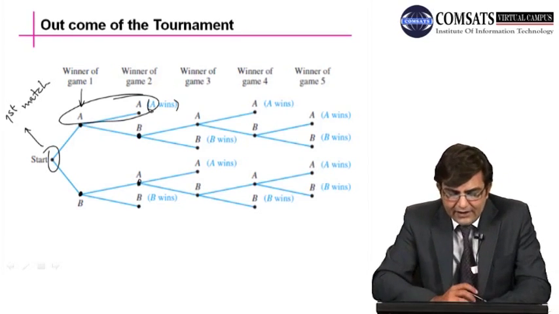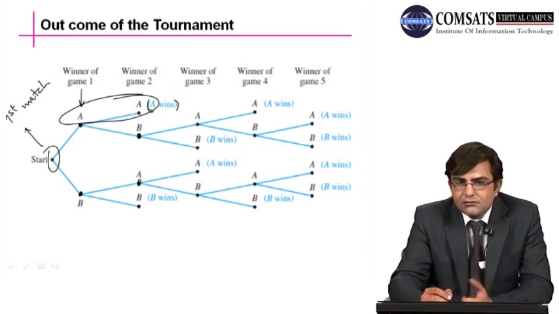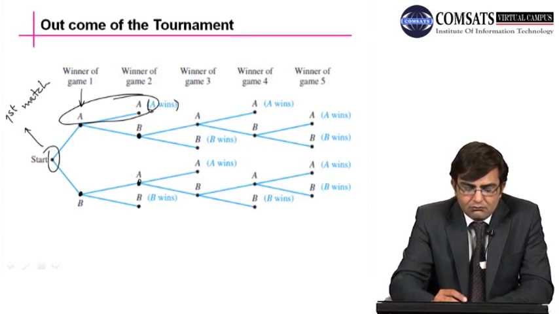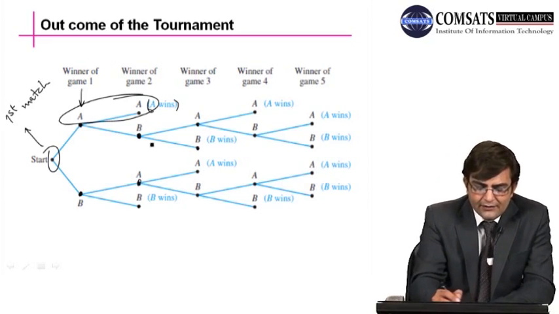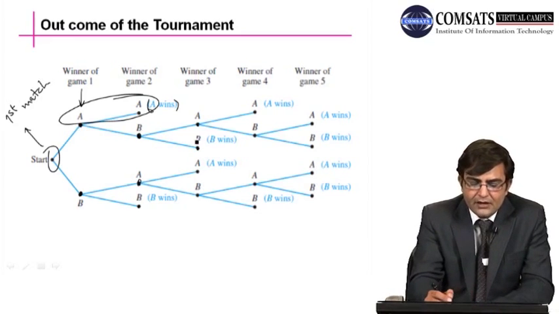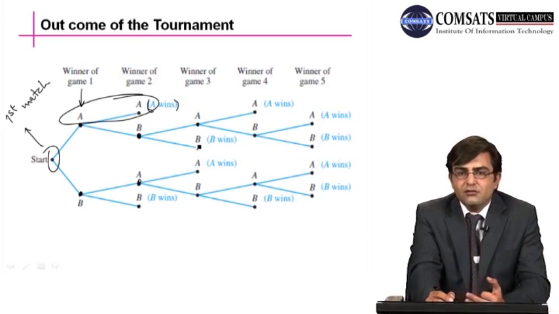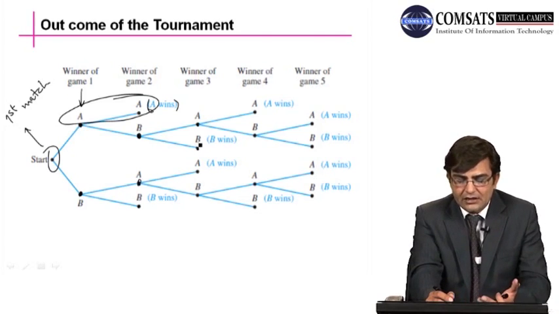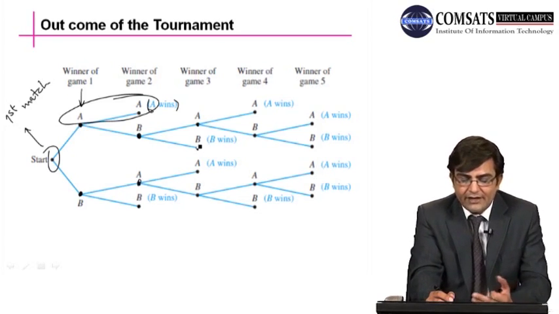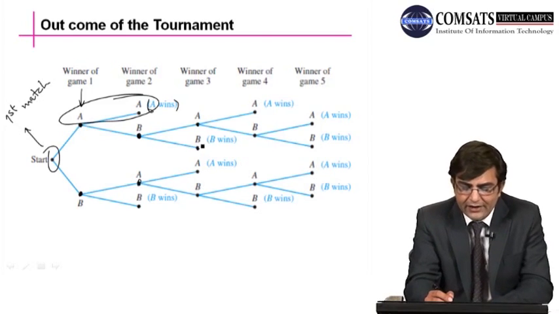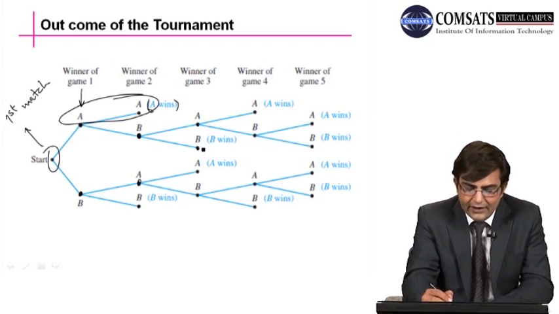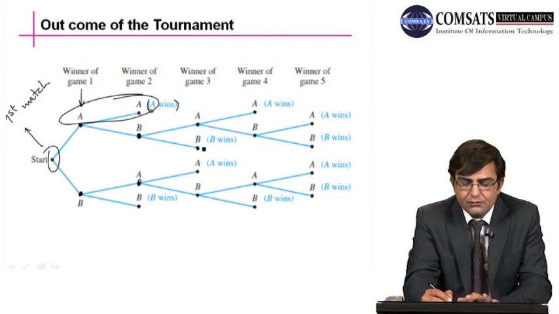Now they play the third game. In the third game there are two possibilities, either A wins or B wins. If B wins the third game, then B has won 2 consecutive games, and according to the first criteria of this problem, that either of the two will win the tournament if they win 2 consecutive games, B has won 2 consecutive games, so here the tournament stops, because B is the winner.